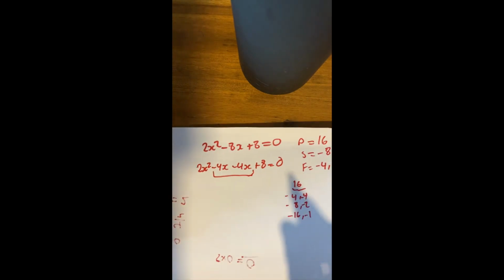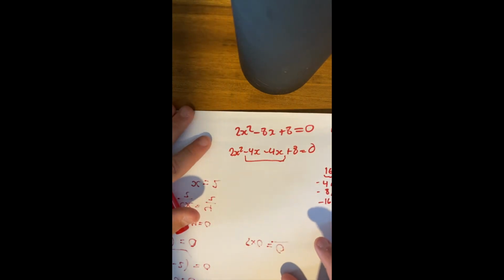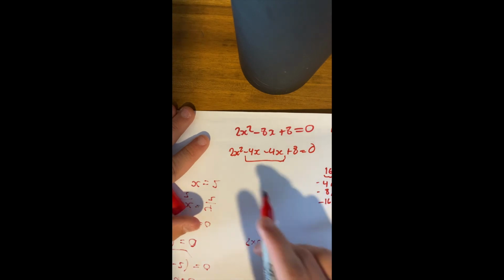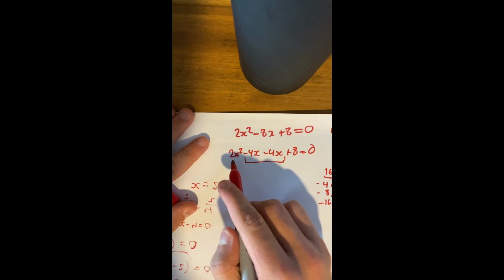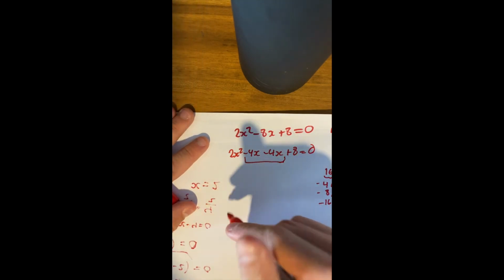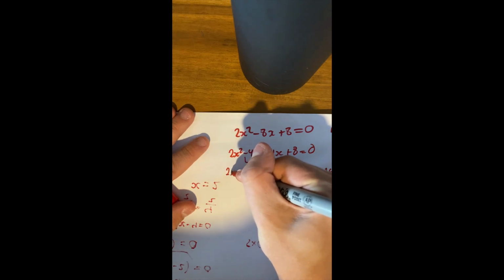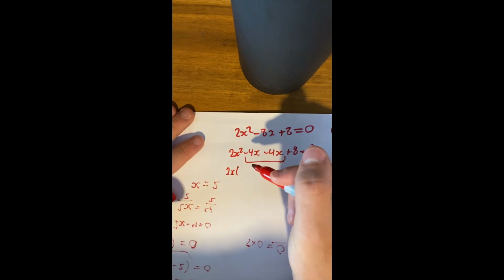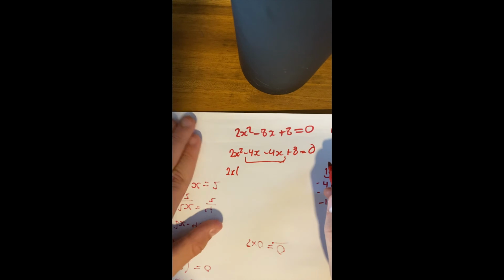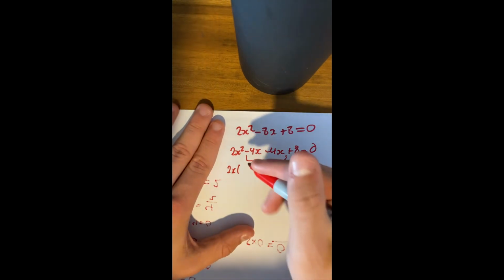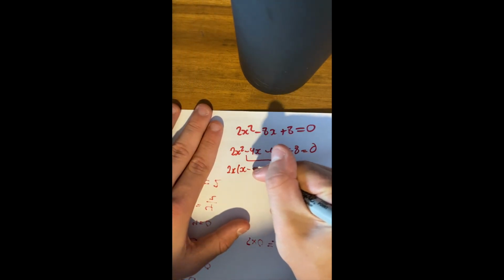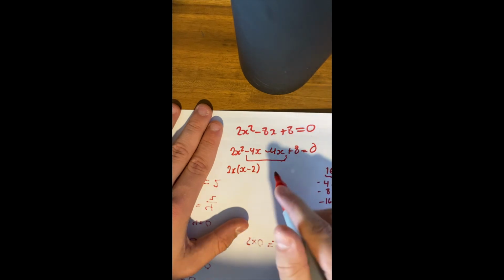We're simply just splitting it up, so then we can easily factorize it. So for the first part, the highest common factor is 2x. Remember, it has to be the highest common factor for this to work. So that's 2x, leaving x minus 2 inside the brackets.